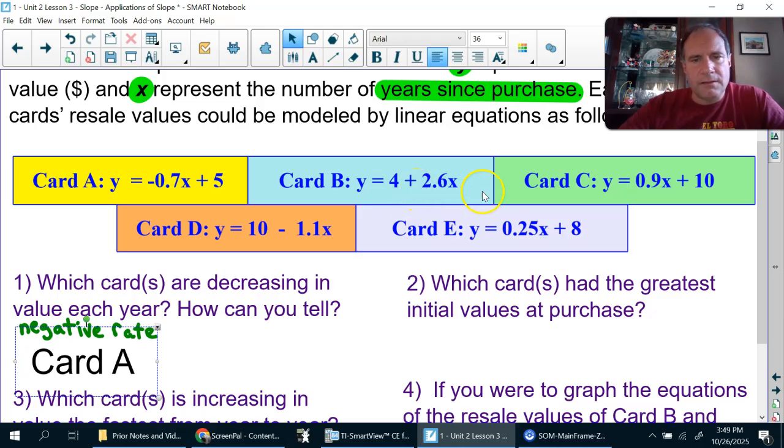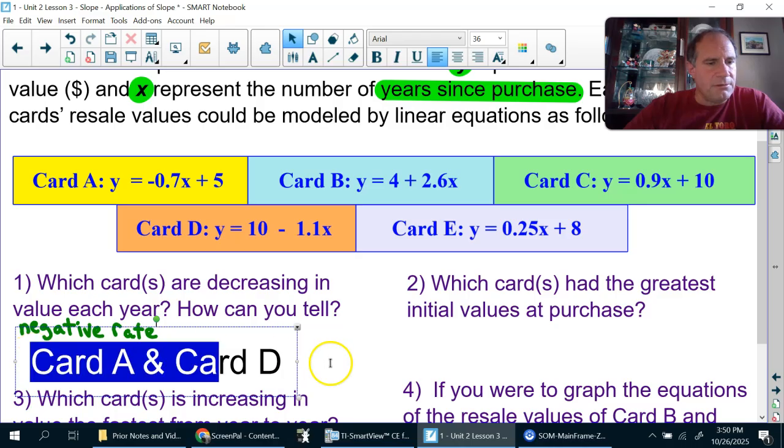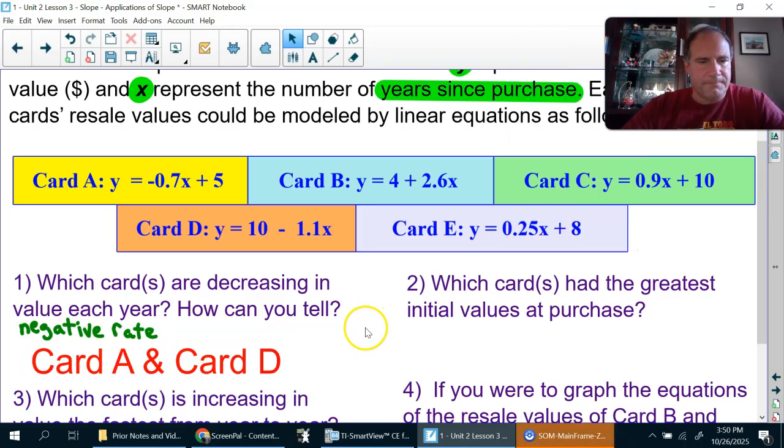And let's see, any other decreasing in value? Yes, card D. So just remember, you have your negative rate, and that's exactly why those are decreasing in value each time.